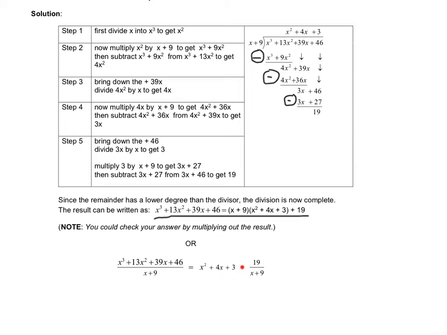You get your end result plus the remainder divided by what you started with. I don't like this one as well, but the reason it works is if I were to multiply both sides by x plus 9, and this one by x plus 9, those would divide out.